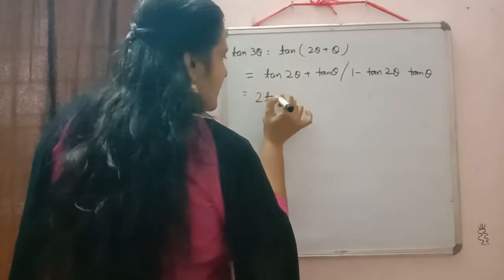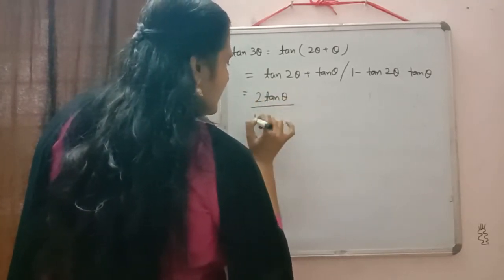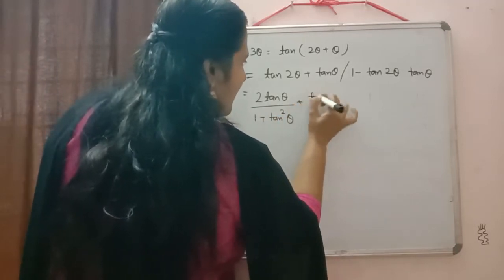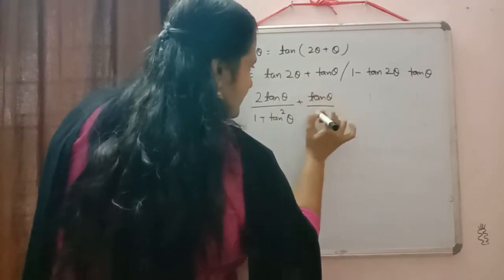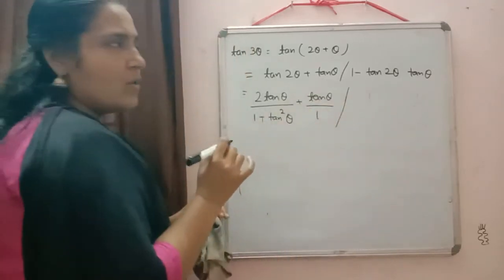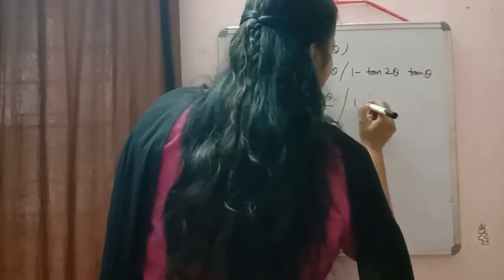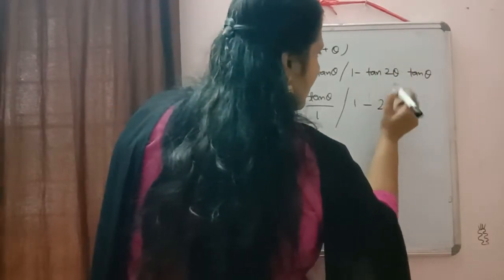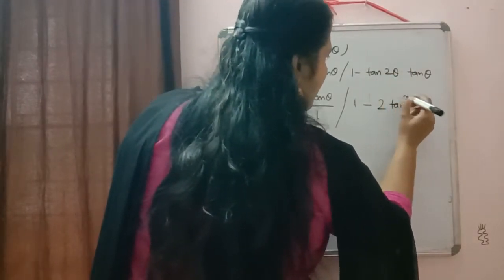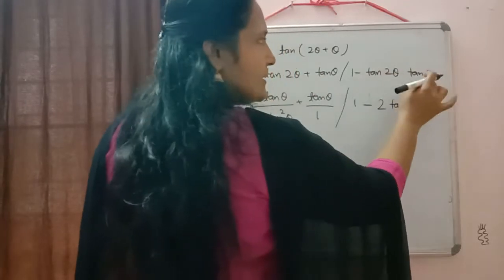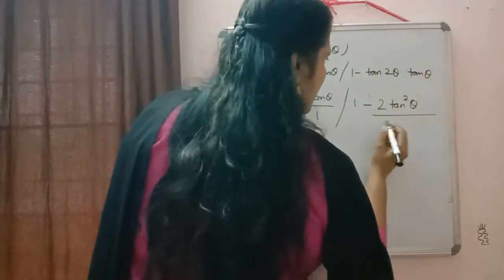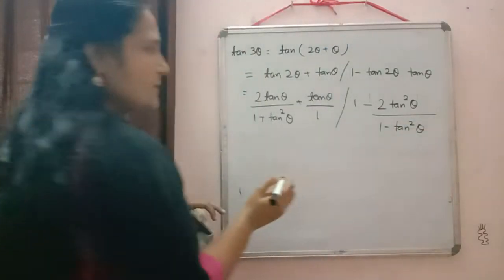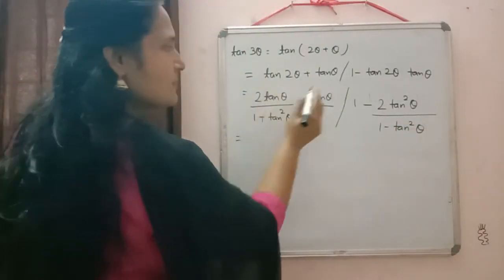Then it will be equal to 2 tan theta by 1 minus tan square theta plus tan theta, whole divided by 1 minus, in place of tan 2 theta we write 2 tan theta by 1 minus tan square theta, into tan theta, so 2 tan square theta by 1 minus tan square theta. Now we will do the cross multiplication.